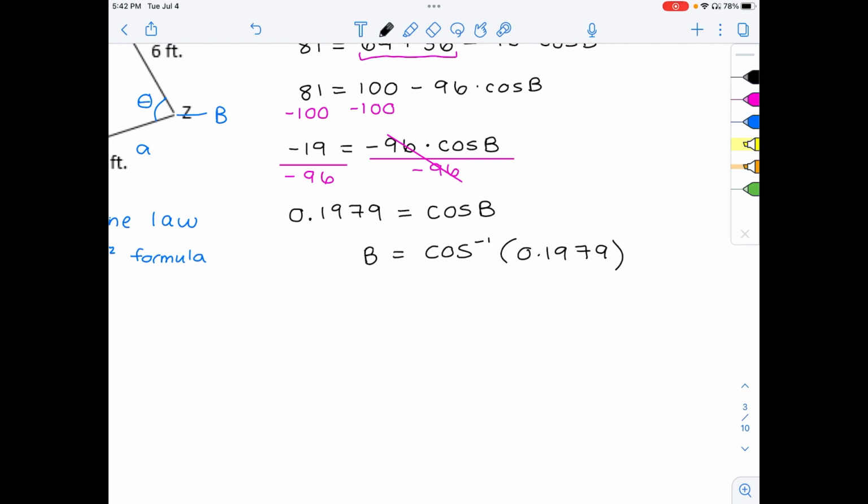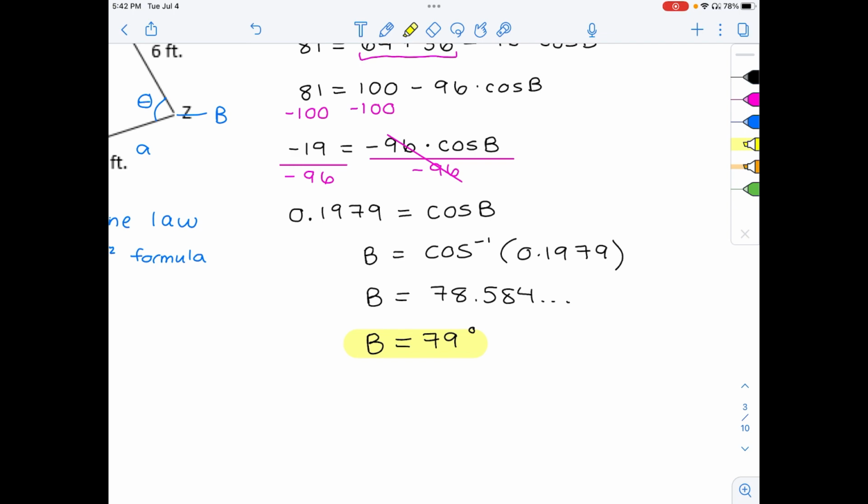It's an angle, so we are rounding to the nearest whole number. Before rounding, you get 78.584, whatever. So we are going to say B is equal to 79 degrees. Our unit for an angle is always degrees. And that is our final answer.